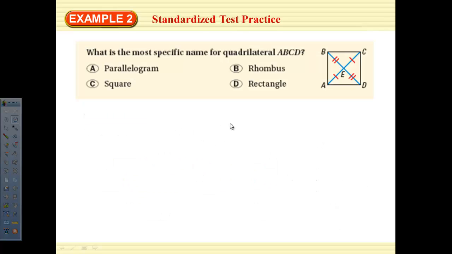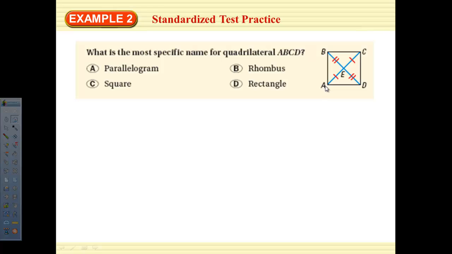Here's another problem. It says we want to state what this shape is. So again, what you want to do is go down your graphic organizer and see how far down you can get before you can't go any further. First of all, we want to know if this is a quadrilateral. And yes, it's got four sides. That's good enough.